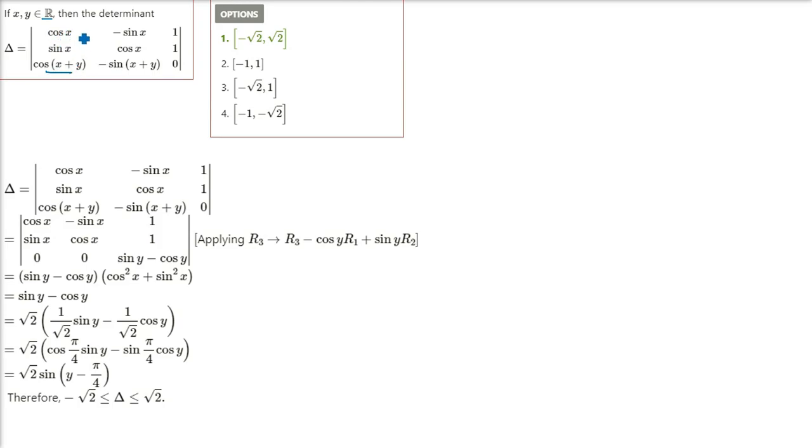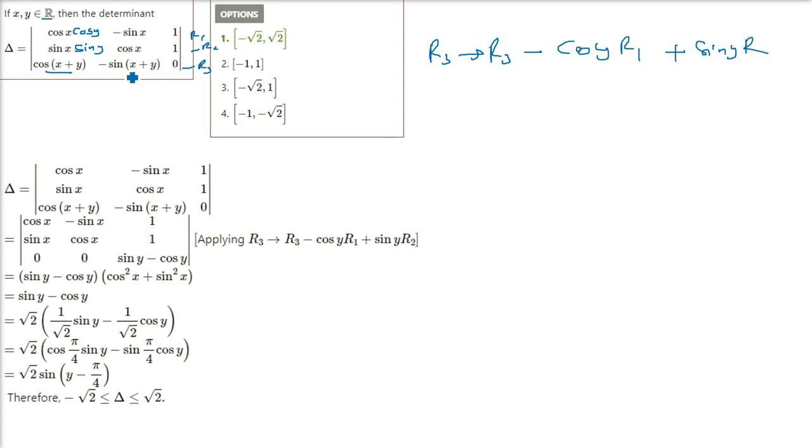So if you are not able to prove it properly, just mug it up, because this will be used. So if you multiply the first row with cos y, second row with sin y, what do we get? So row 3 we are changing to row 3 minus cos y into row 1 and minus sin y into row 2. You'll see just now what will happen.